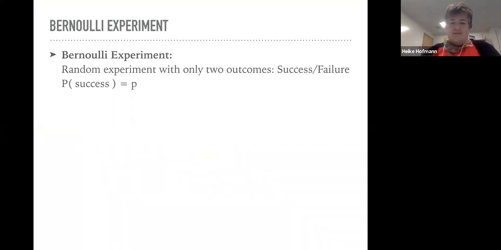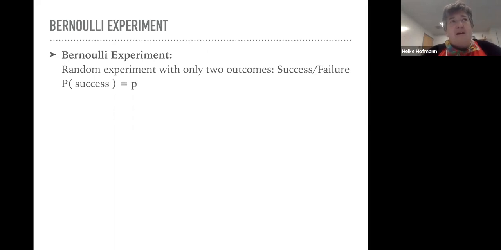Okay, so we're going to look at a special distribution. And that special distribution is actually made up of really small little experiments. So the little experiment that I'm talking about is called a Bernoulli experiment. And that is a random experiment that only has two outcomes, success and failure.